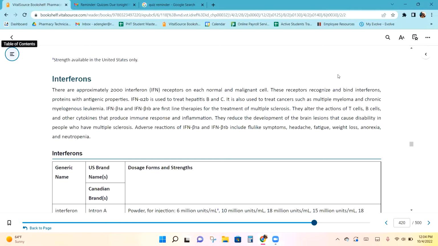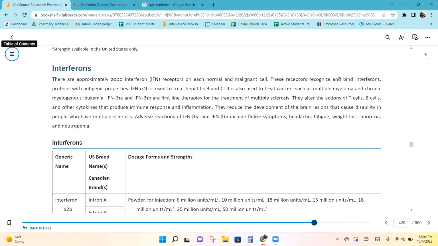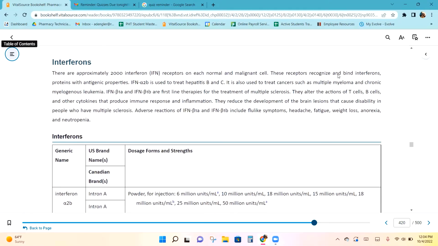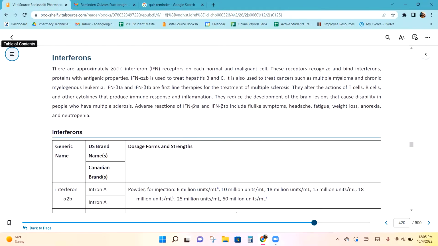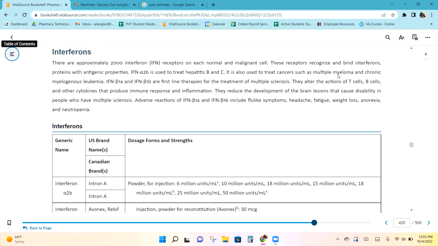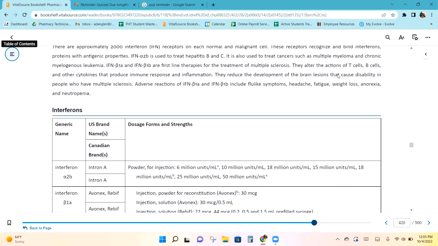Interferon alpha 2b or beta is used to treat hepatitis B and C. It's also used to treat cancers like multiple myeloma and chronic myelogenous leukemia. Interferon beta 1a and beta 1b are first line therapies for the treatment of MS. They alter the actions of T cells, B cells, and other cytokines that produce immune system response and inflammation.